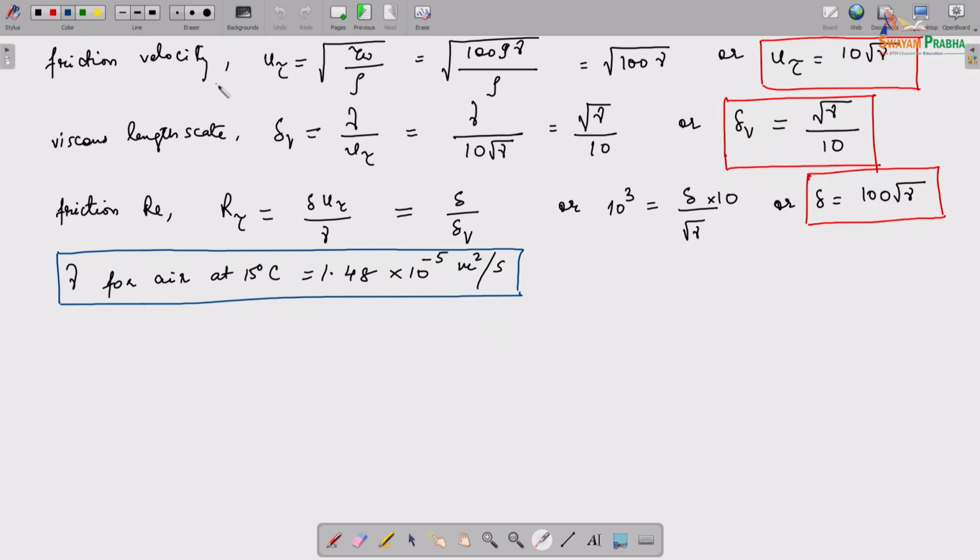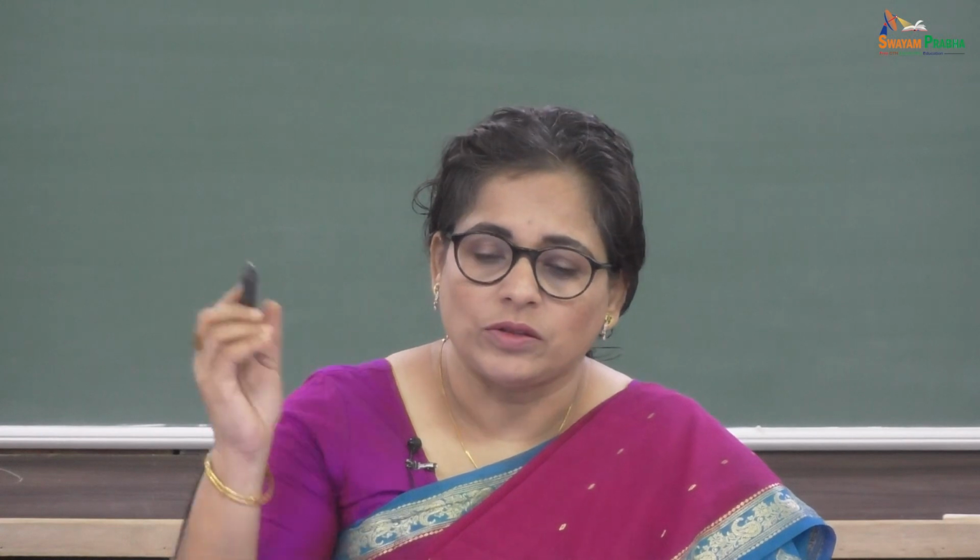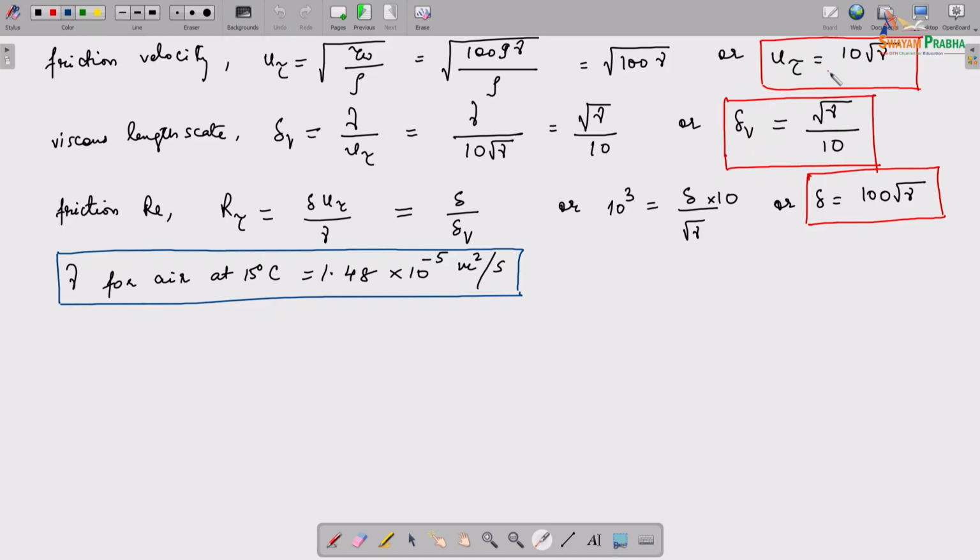And so then we come up and say friction velocity. So, this is for the specific inertial subrange, right? So, we go there, and then we figure out the values, and what we see here is, we got these from last class, okay?